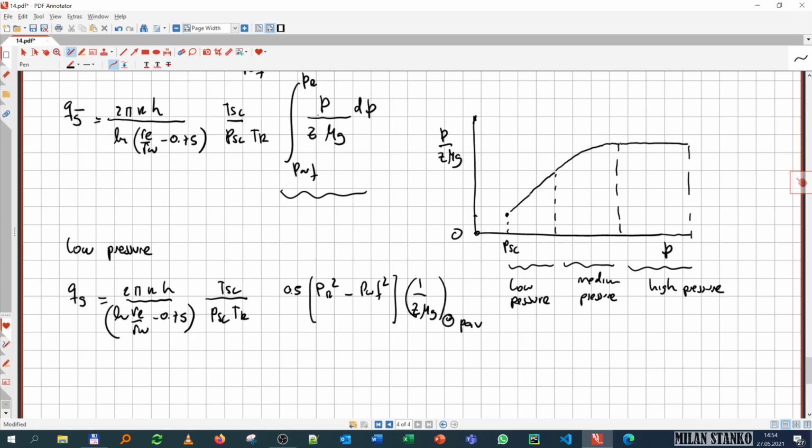Because they are going to change, but it's similar to the BO, the undersaturated oil case that we discussed before. This part is going to be evaluated at P average.